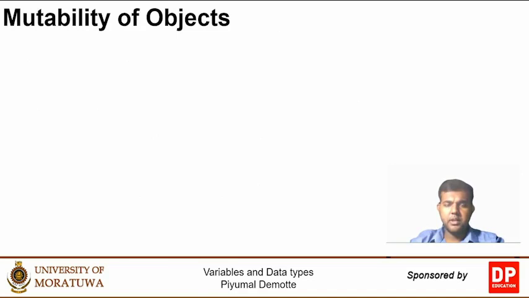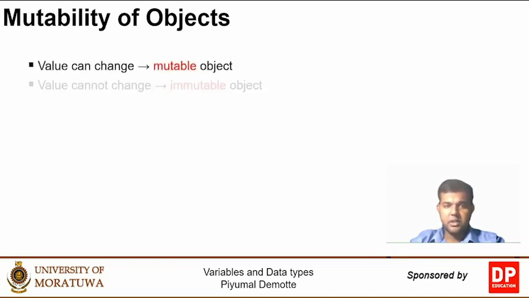Let's discuss the mutability of objects in Python. What is mutability? Mutability refers to whether we can change the value of an object. If the value of an object can be changed, it is a mutable object. Otherwise, it is considered an immutable object.